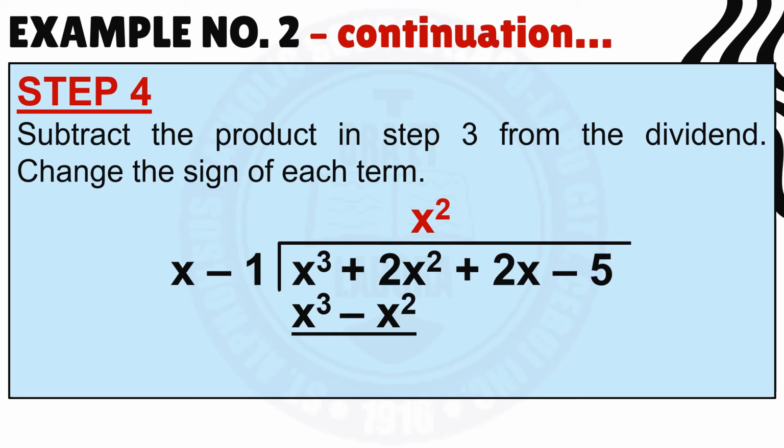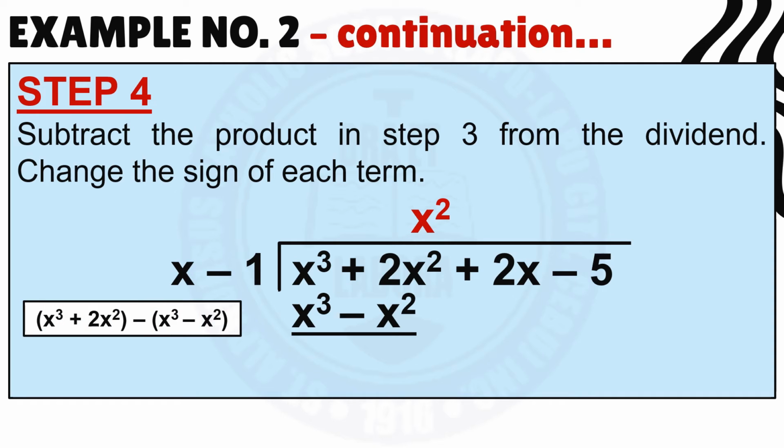After which, step 4, subtract the product in step 3 from the dividend. So when we subtract, we have here the quantity of x cubed plus 2x squared minus the quantity of x cubed minus x squared. So we have to distribute this operation, or the sign.